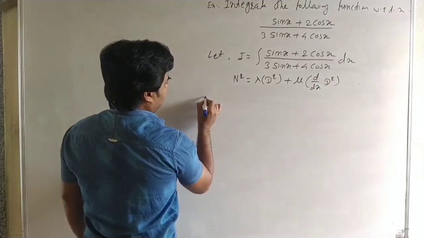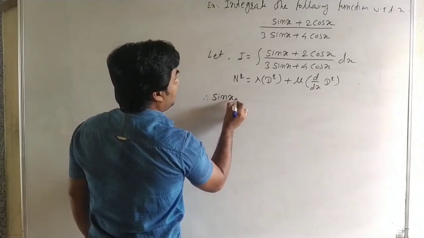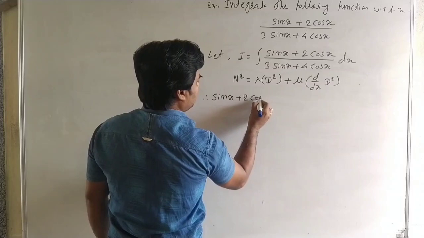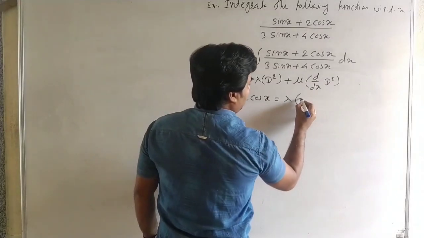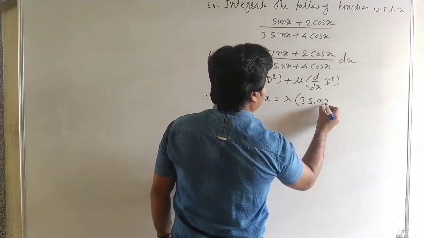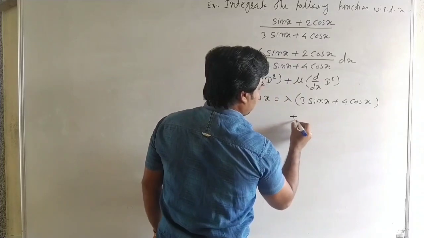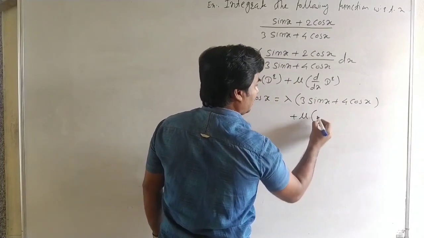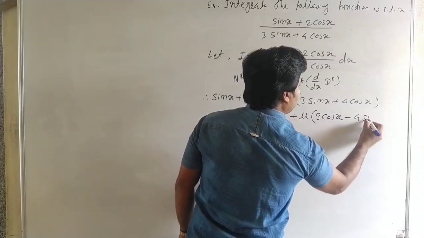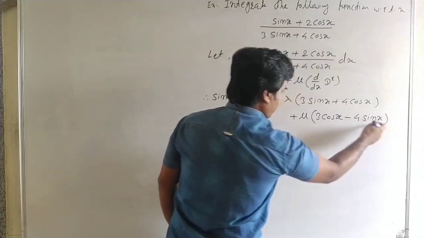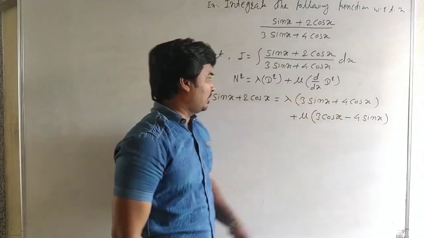Therefore we can write the numerator sin x plus 2 cos x is equal to lambda into denominator (3 sin x plus 4 cos x) plus mu into derivative of denominator, which is 3 cos x minus 4 sin x.